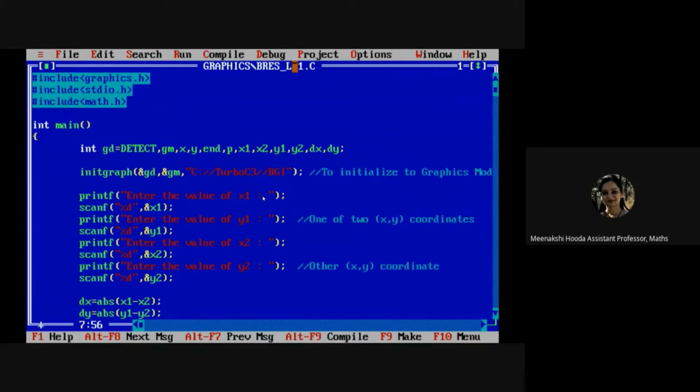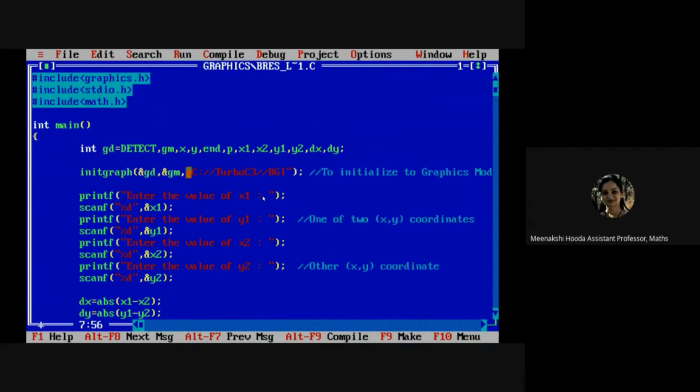As we saw in the DDA line drawing algorithm, we had floating point values, so we were using float variables over there, but here, as the plus point of this algorithm is all integer calculations, all integer additions, subtractions, and multiplications, that's why we are declaring all the variables of integer type.